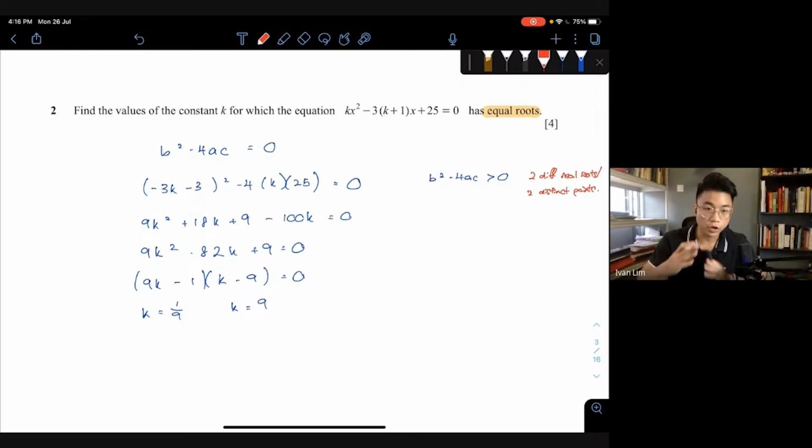Then the complete inequality is b squared minus 4ac more than 0. If they say there are no real roots, b squared minus 4ac less than 0. But there's another way they can ask you about this inequality also.